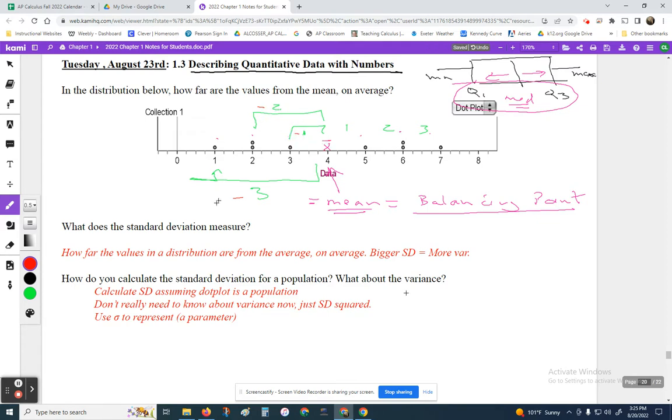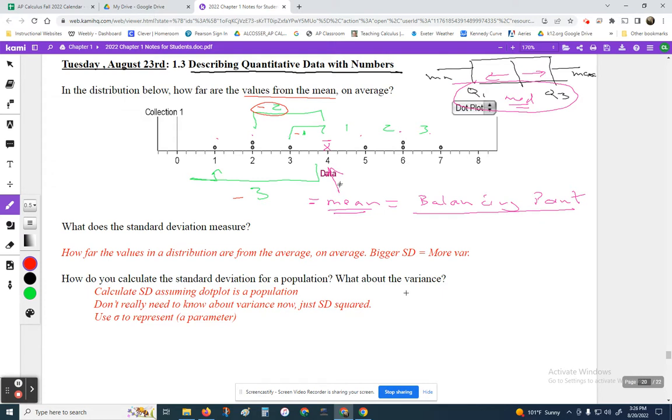Well, if we went to add all these values from the mean up and tried to find an average, it wouldn't work because we get zeros. -3 plus 3 is 0. -2 plus 2 is 0. -1 plus 1 is 0. So it's like, okay, wait a sec. How do we deal with that then? Because we've got negatives here.